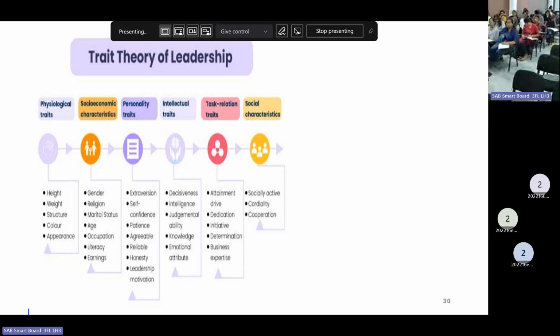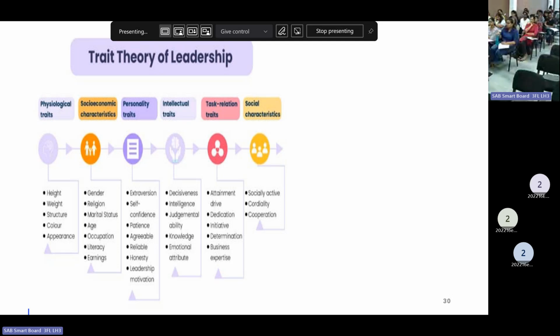But different religions have different approaches. Then marital status, age, occupation, where you live, your position, literacy, and your earning. Because if you lack earning, you can't go forward, no? You always have to look for your living rather than going for development.